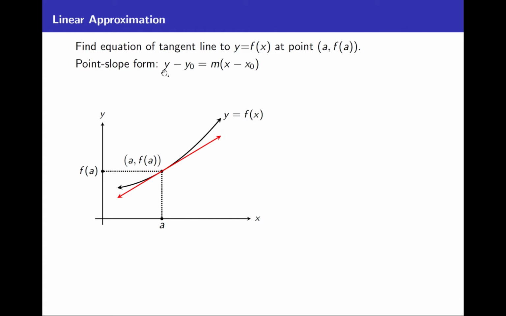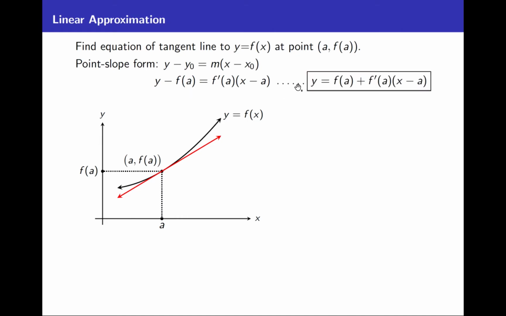So putting that information into the point-slope formula gives y minus f of a equals f prime of a times x minus a. Now solving for y by adding f of a to both sides gives us the equation of the tangent line. y equals f of a plus f prime of a times x minus a.